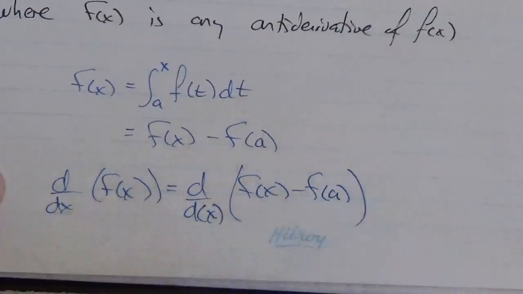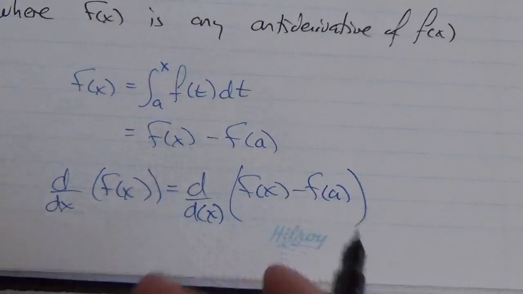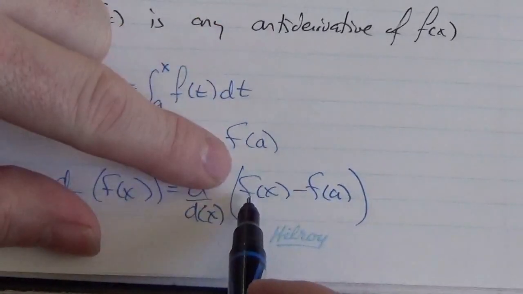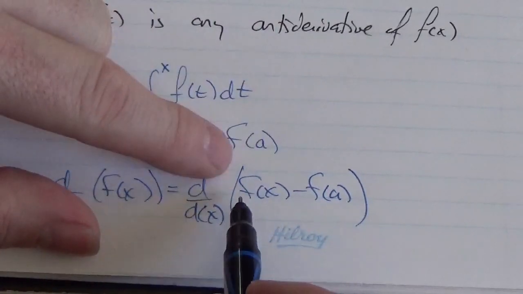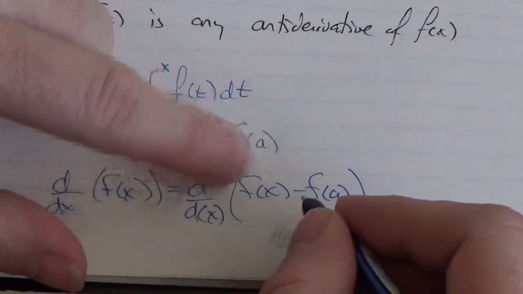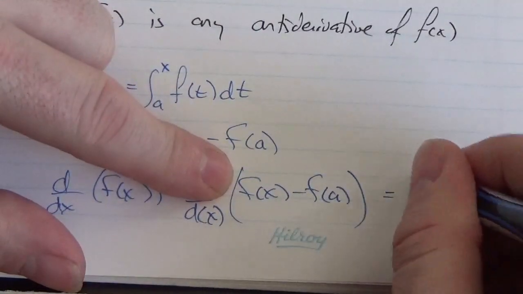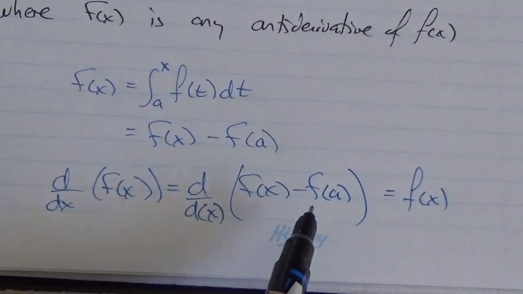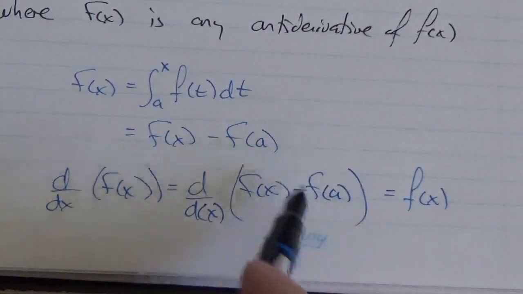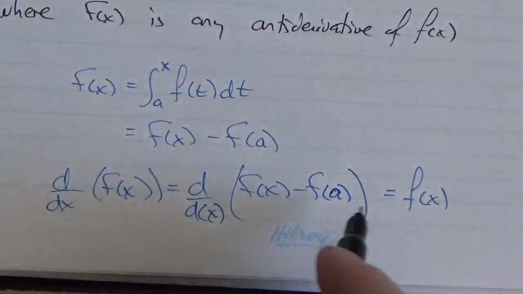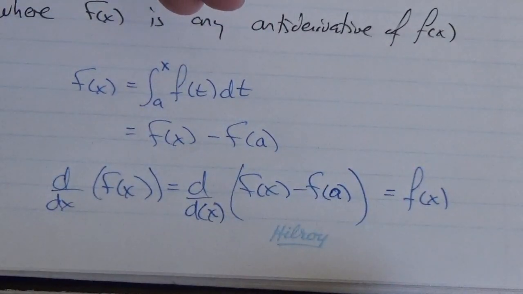Now, here's the thing. Based on how I've just described this, I know that the relationship between capital F and little f is that capital F is the antiderivative of little f. So I know that the derivative of capital F is going to be little f. But more importantly right now, I know that this is going to be a constant. Because it's evaluated at a constant, I'm getting rid of my independent variable.